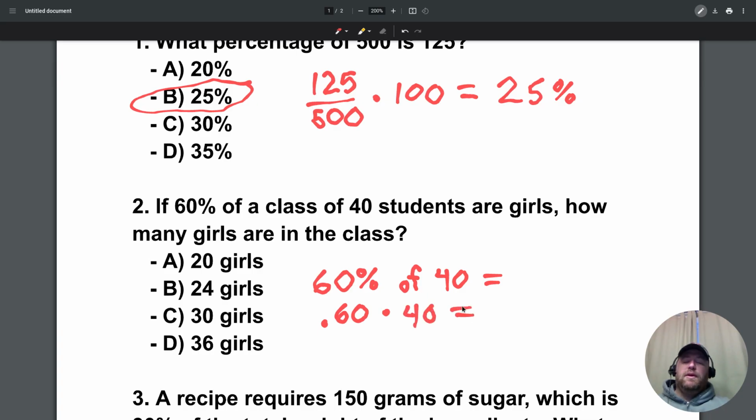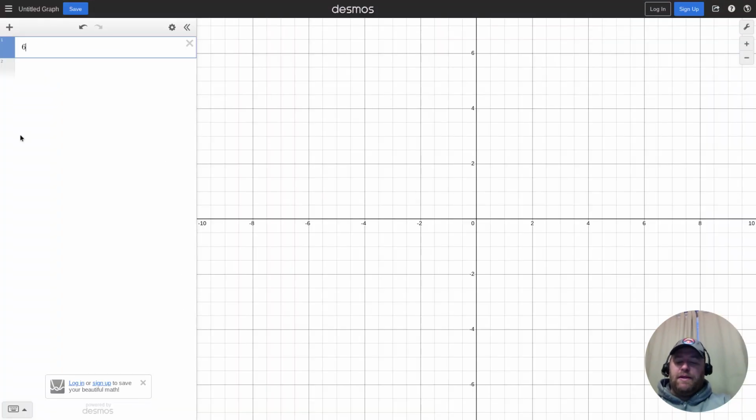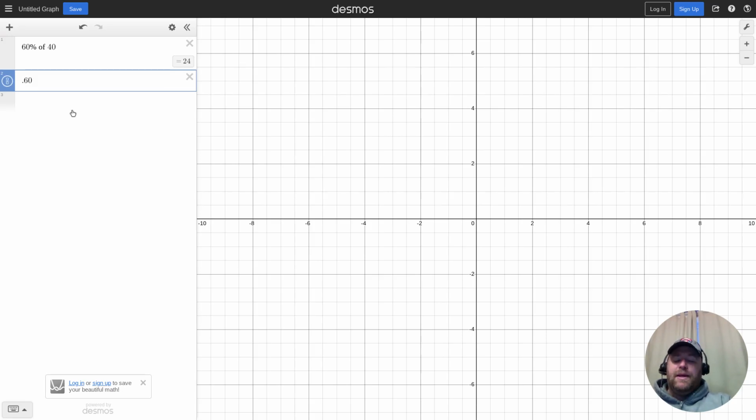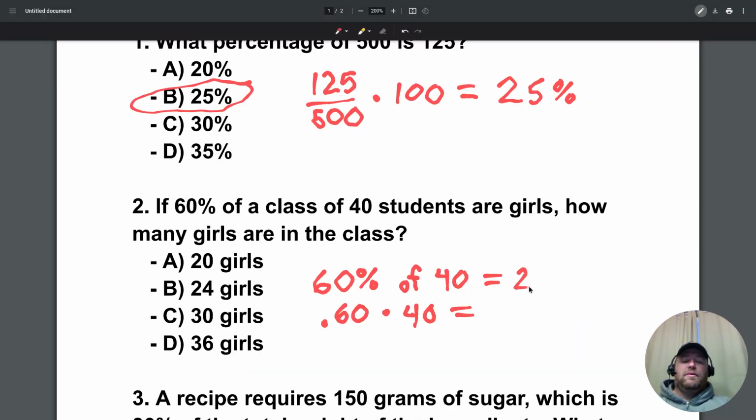So, all right, let's go here. We can type in 60%, and it's going to give me the of 40. That gives me 24, which was the answer they had selected. I don't know if you saw that. But we'll do also 0.60 times 40. We also get 24. So our answer for this one is 24, B, which Brisk It AI had correctly selected.